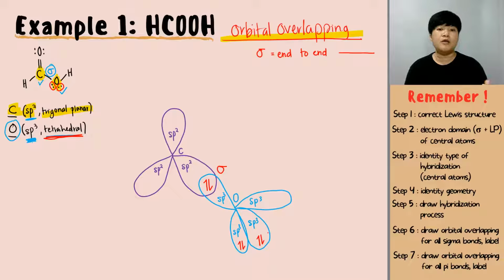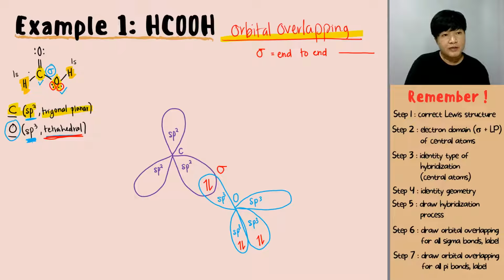So bear that in mind, a lone pair is a pair of electrons in opposite spin without even overlapping. Okay, that is my lone pair. Done with the lone pair, the next that I want to draw is my hydrogen because it's the easiest. And we know that hydrogen will overlap end to end by using the 1s orbital.